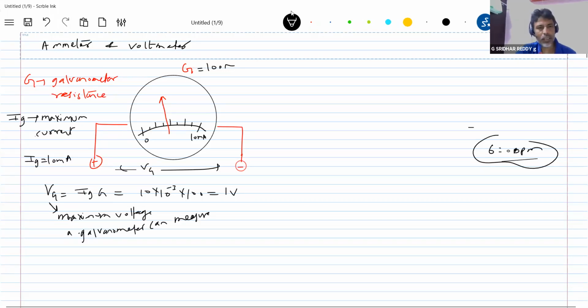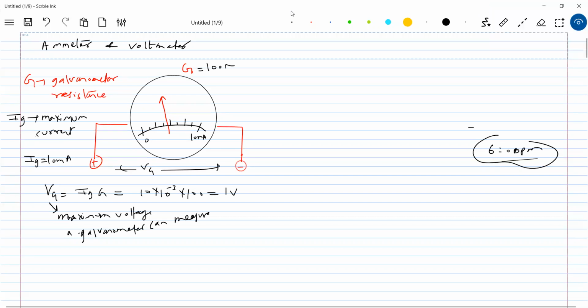So therefore, IG puts the limit on the maximum current a galvanometer can measure. And this VG will put the limit on the maximum voltage it can measure.